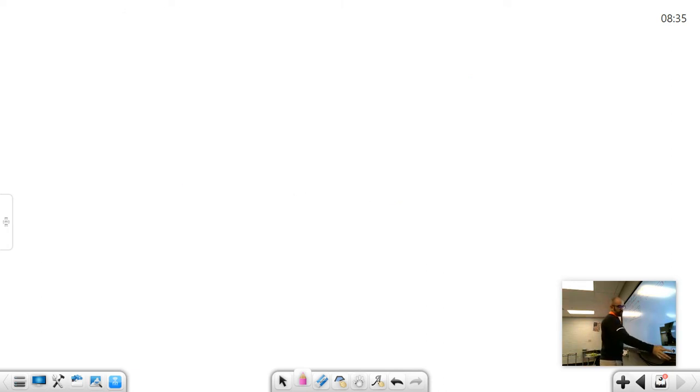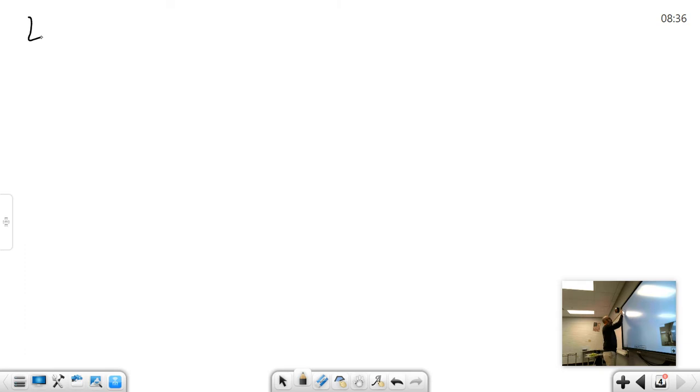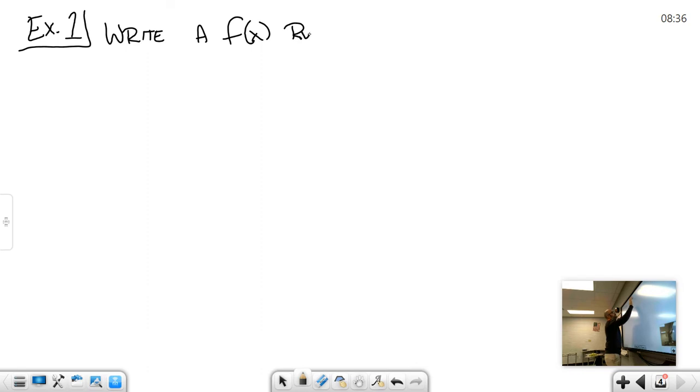All right, let's look at our first example here. Your example is going to say something like this: write a function rule from the table. And it's going to give you a table.